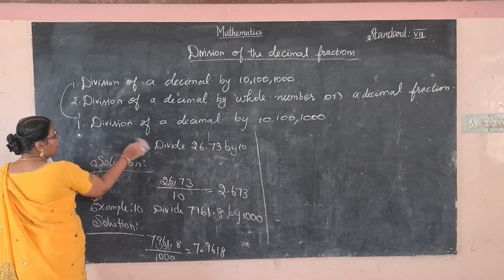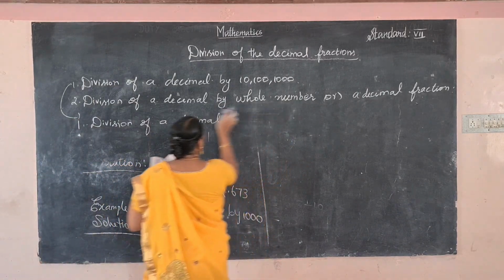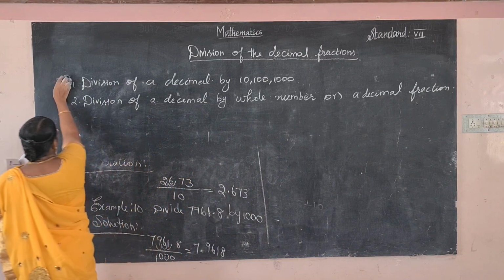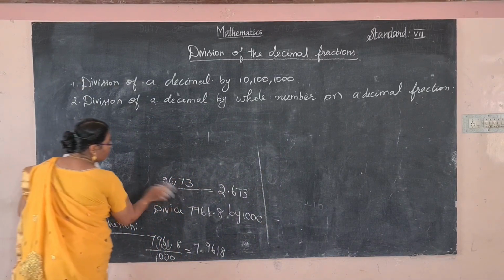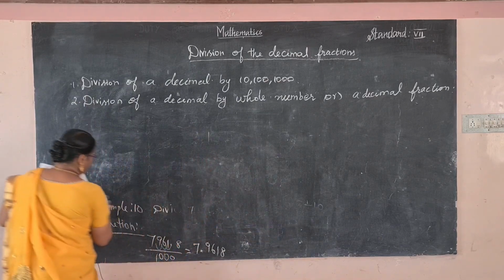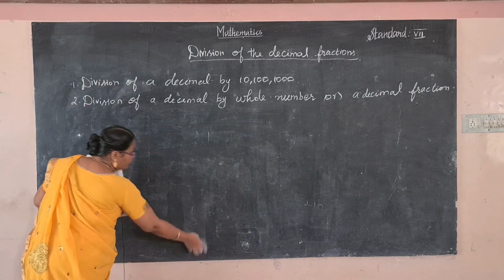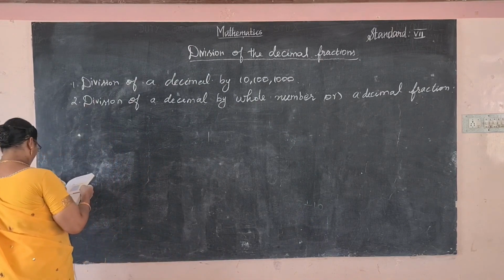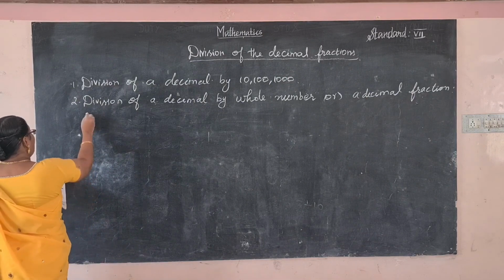Next one is division of a decimal by a whole number or a decimal fraction. See example 11.